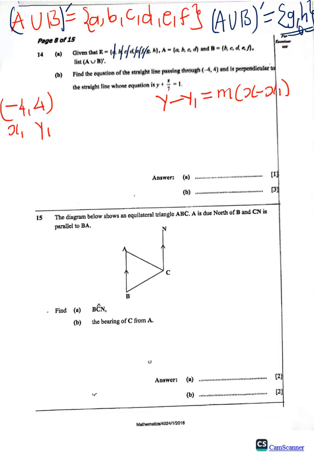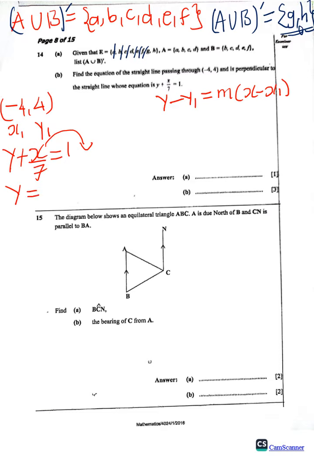Now, our work is we need to find the gradient of this particular equation. We are going to use this given equation for us to find the gradient. So the equation is y plus x over 7 is equal to 1. Our first step, we are going to move x over 7 to the other side, so you make letter y the subject of the formula.